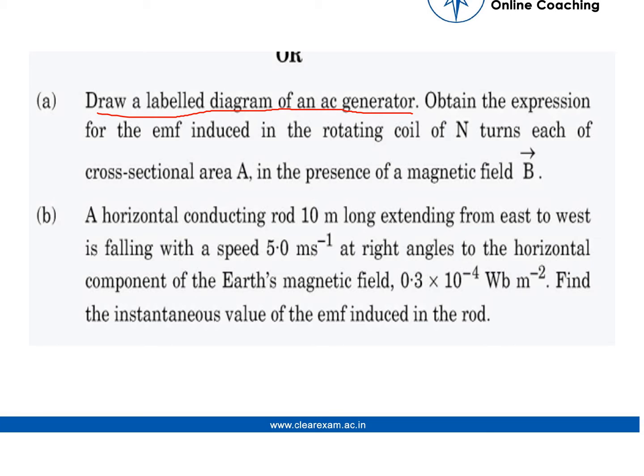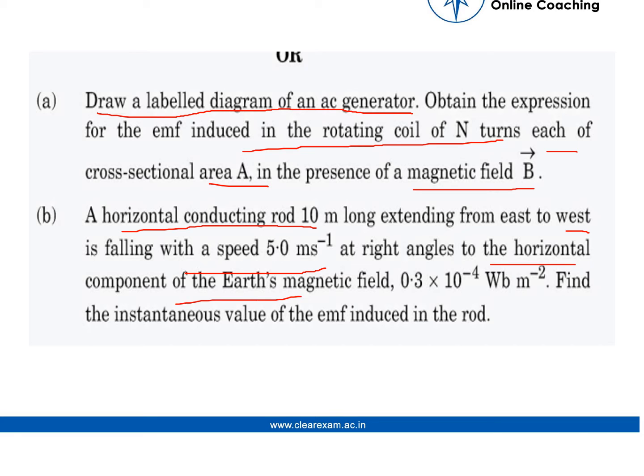Obtain the expression for the EMF induced in the rotating coil of N turns, each of cross-sectional area A, in the presence of magnetic field B. Part B: a horizontal conducting rod 10 meter long, extending from east to west, is falling with a speed of 5 meter per second at right angles to the horizontal component of the Earth's magnetic field, that is 0.3 × 10 raised to power minus 4 Weber per meter square. Find the instantaneous value of the EMF induced in the rod.